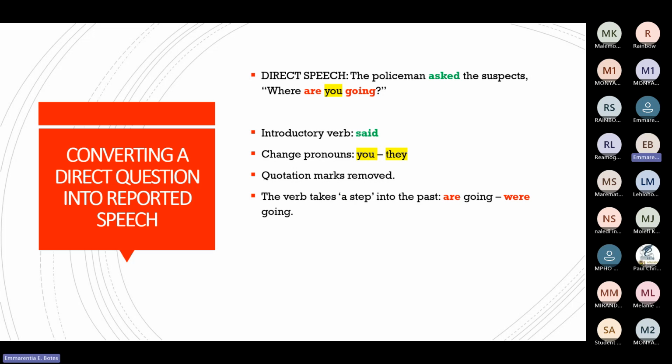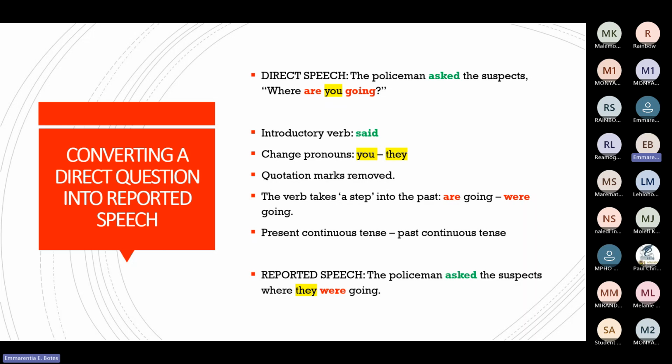The verb will take a step into the past, so are going will become were going. The present continuous tense will change to the past continuous tense. So when we report, the policeman asked the suspects where they were going. Do you see here, it's a WH question, and that's why we use the question word. We do not use if or whether when we report on this sentence.